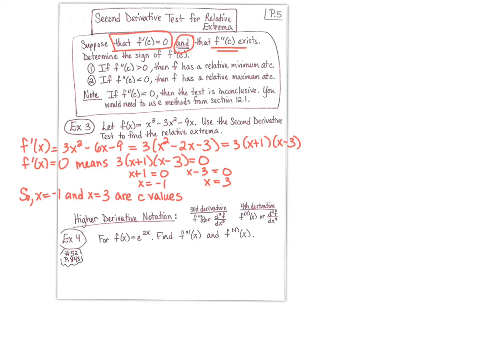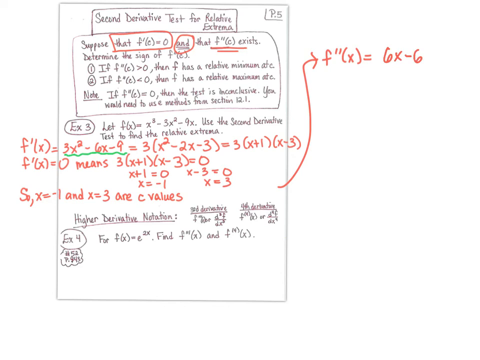The second derivative for this function, f double prime of x, is equal to, now we're differentiating this function here. So differentiating that, we get 6x minus 6.